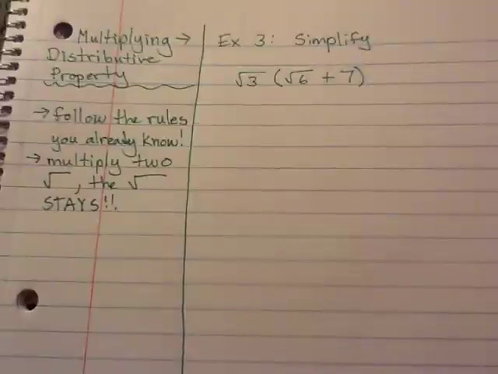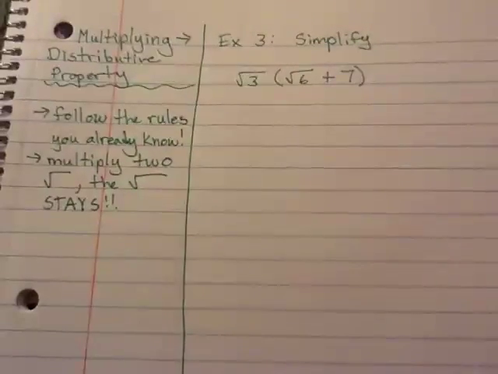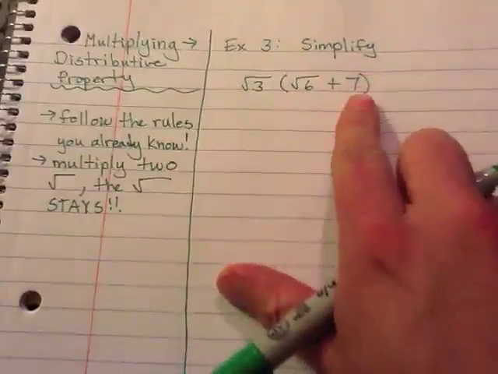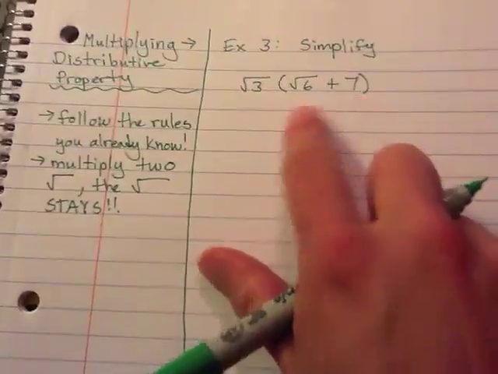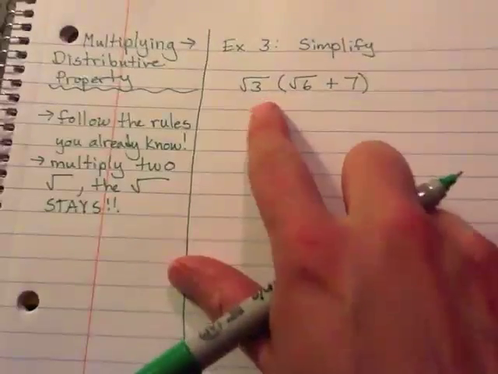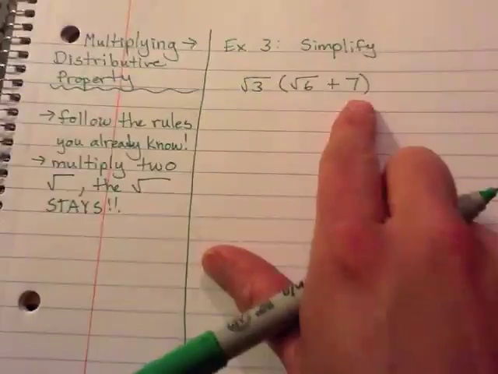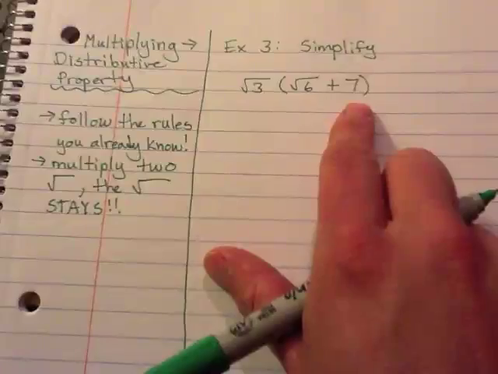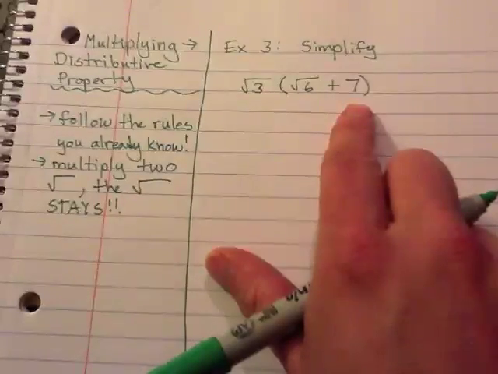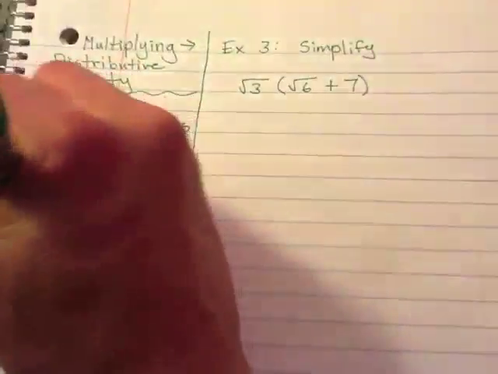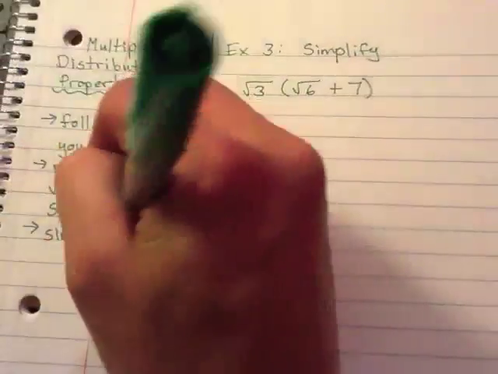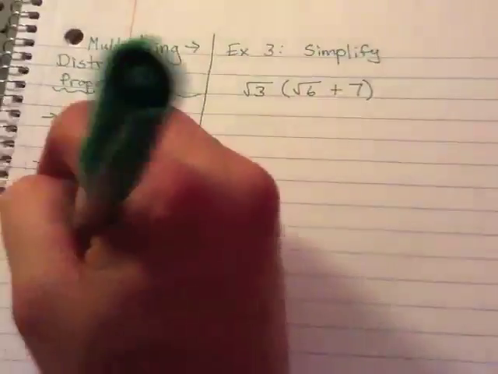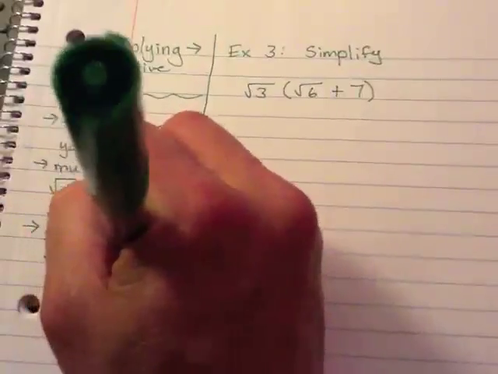And then when you multiply square root times a number that's not under the square root, like this one, they're just going to end up side by side. So again, think about it in terms of having a variable there. Okay, and then always simplify if needed. Simplify the square root if needed.